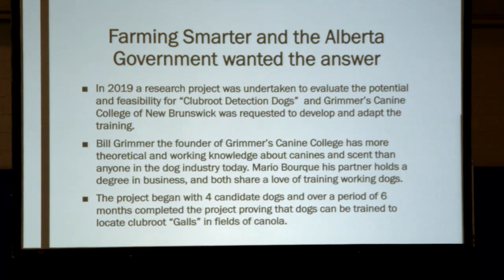In reality, what we're trying to do is tackle a problem. So clubroot is a disease, as you saw a few minutes ago, that's very, very hard to find. Right now, currently what they do is they rip out plants from the ground and inspect to see if there's a problem.